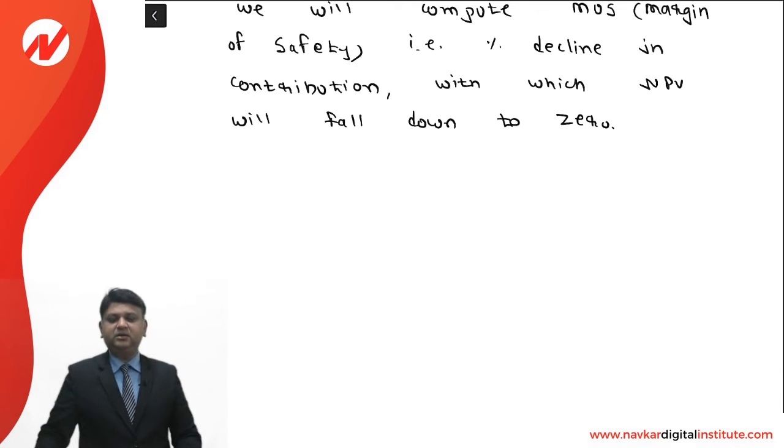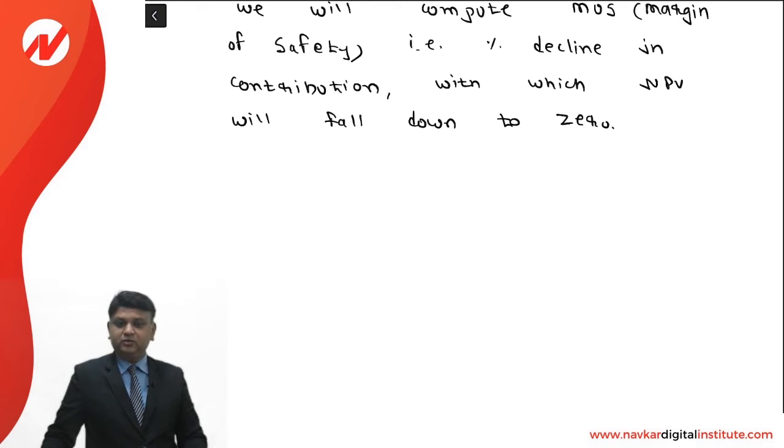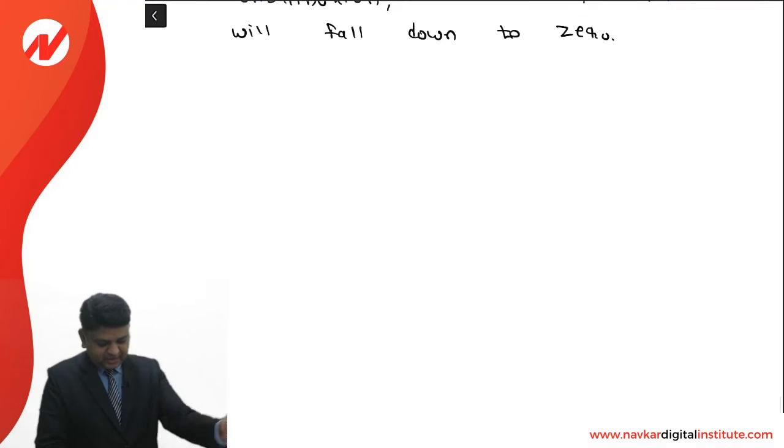And friends, over here language of the question is absolutely clear. We have to do it only for machinery 1. So for that, we will work out the answer like this.